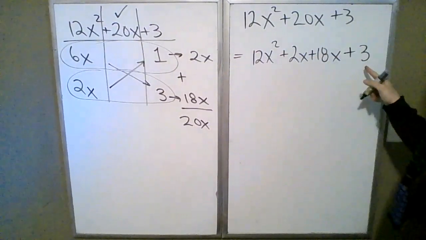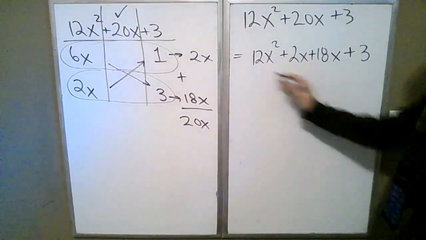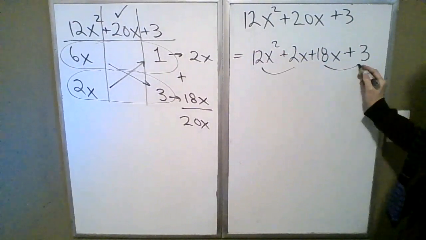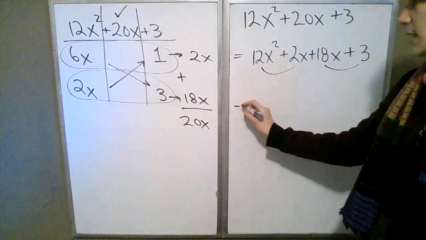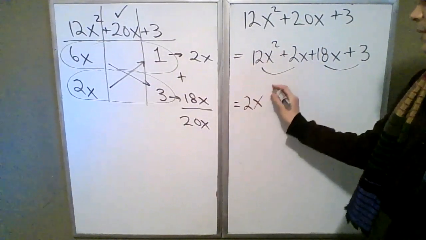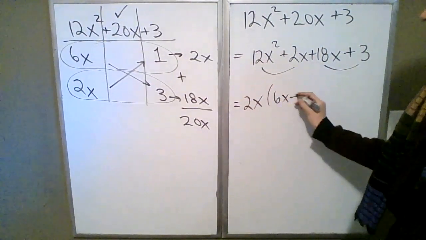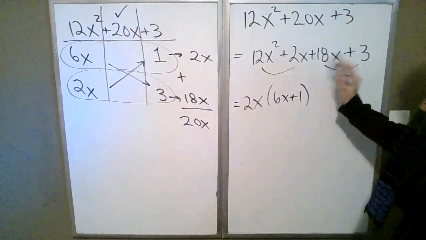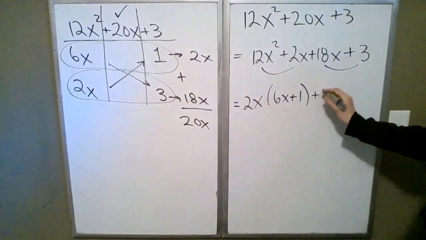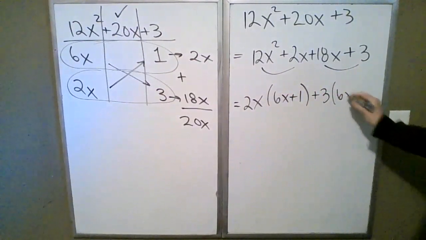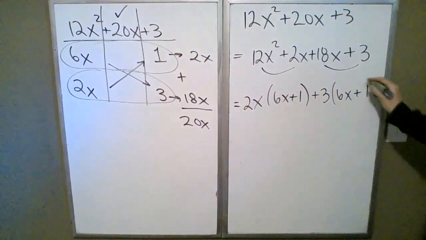Okay, then we're going to group, and from the first pair, factor out 2x. That leaves us 6x plus 1. From the second pair, factor out 3. Which will leave us 6x plus 1.